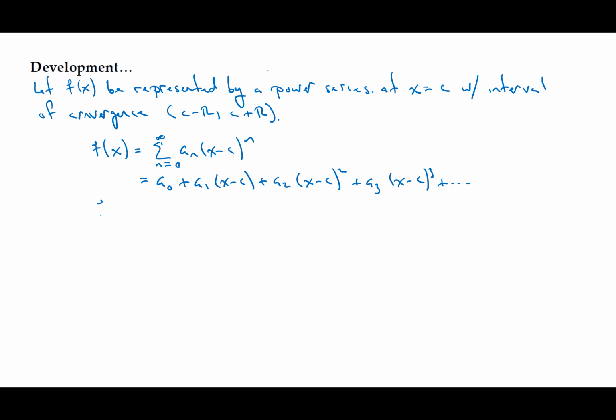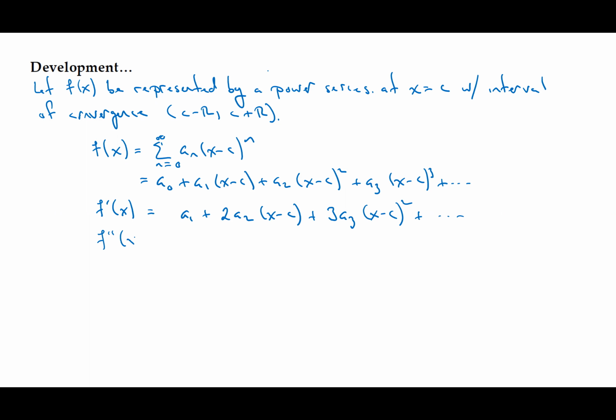Now, f prime of x is going to be a1 plus 2a2 (x minus c) plus 3a3 (x minus c) squared, and so on.